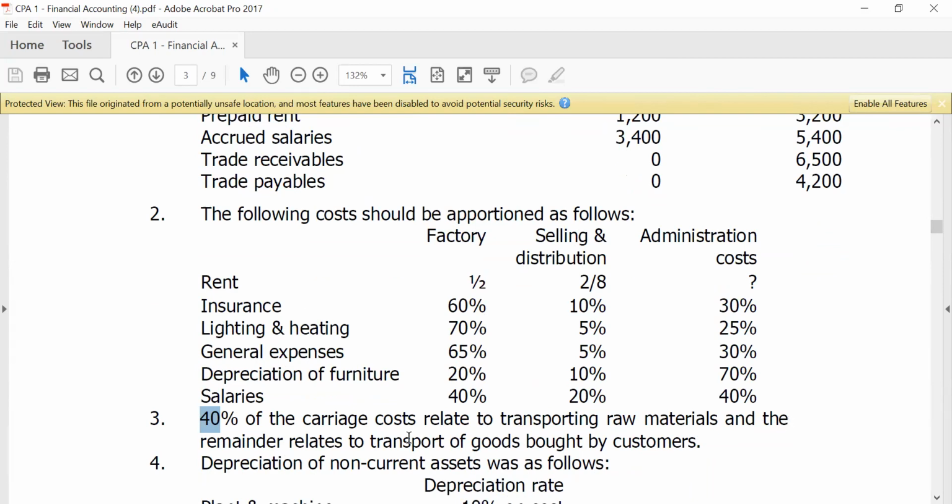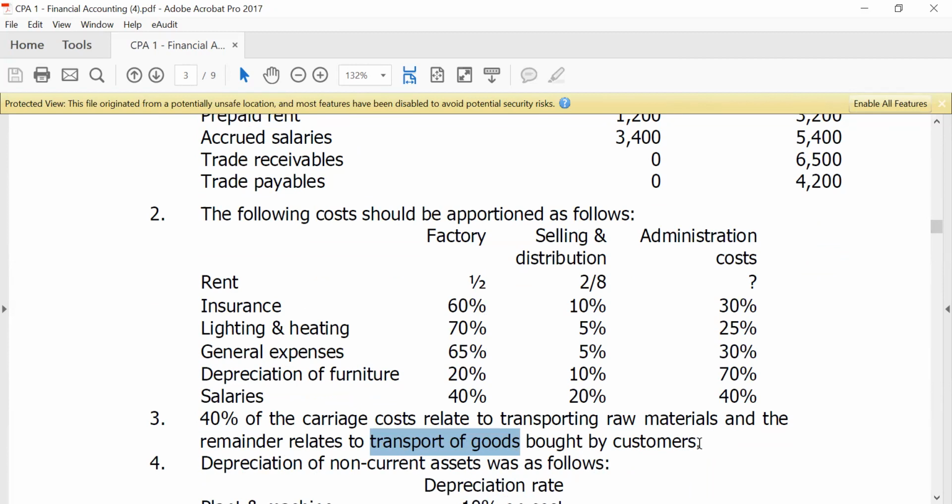And then the remainder relates to transport of goods bought by customers, which are our carriage outwards. So carriage inwards are added to purchases. Carriage outwards, we shall include them under our selling and distribution costs.